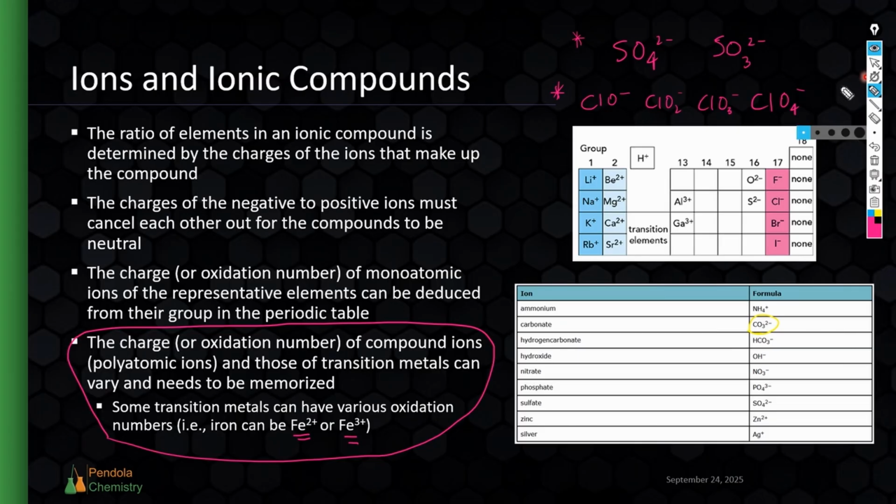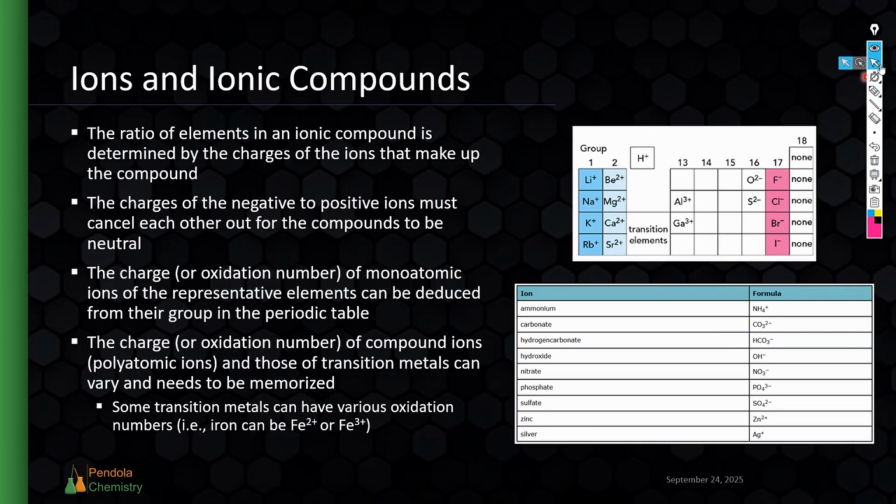So for example, if we had a compound like FeSO3, in order to name this, we would need to know what ions these are. And we would need to think really carefully about which iron this is, whether it's iron 2+ or iron 3+.